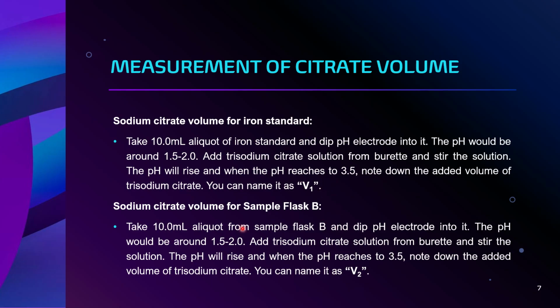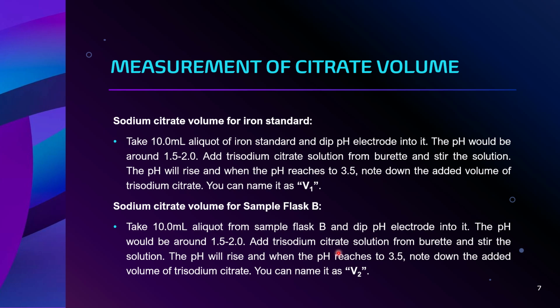Now, as you have already prepared sample flask B, you take 10 ml liquid from sample flask B and dip the pH electrode into it. Because there was so much acid in the solution, as we digested the tablet in 6 molar HCl, the pH would be around 1.5 to 2.